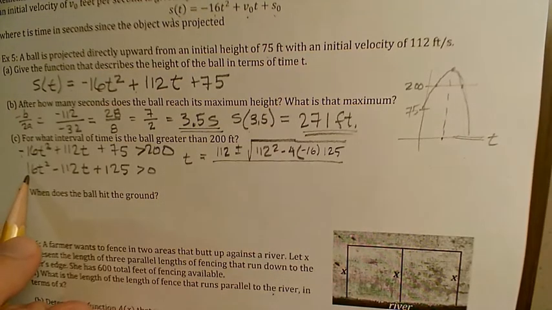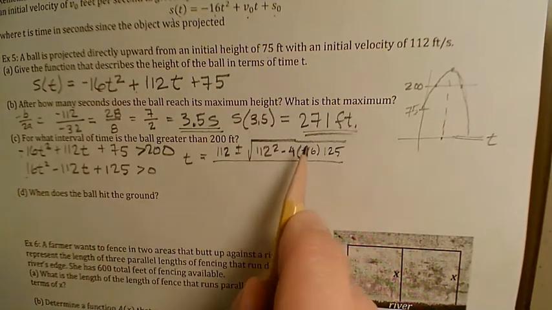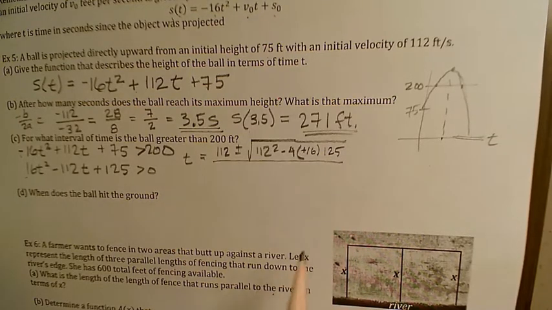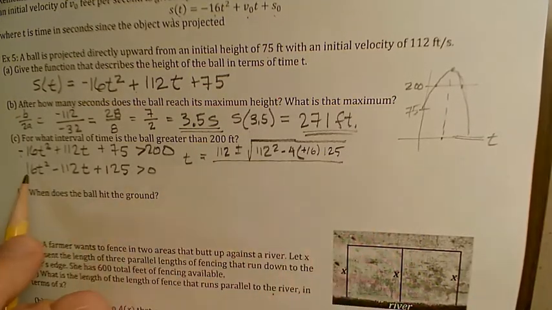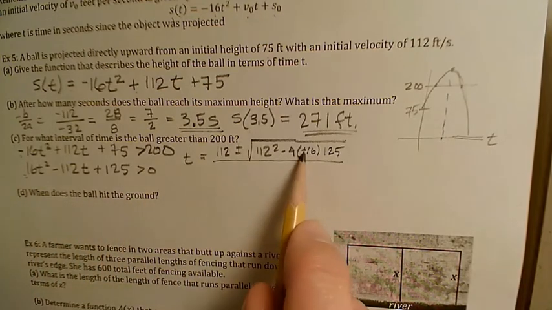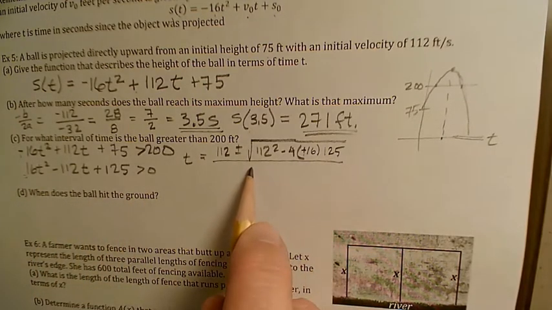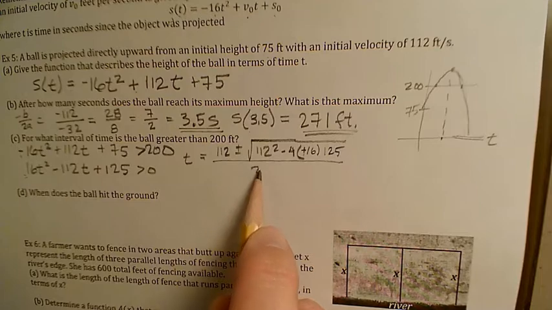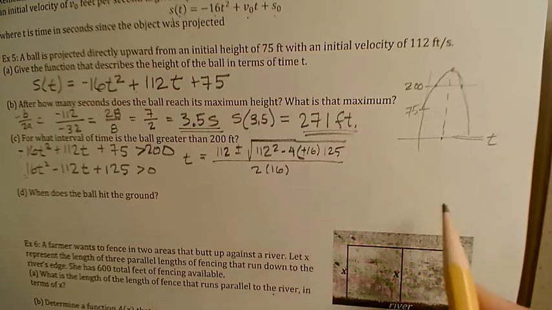Remember, we made the leading coefficient positive here, so this should be positive 16. I goofed with that one. Because I multiplied through by a negative, that's positive 16. And then divided by 2 times 16, or 32.